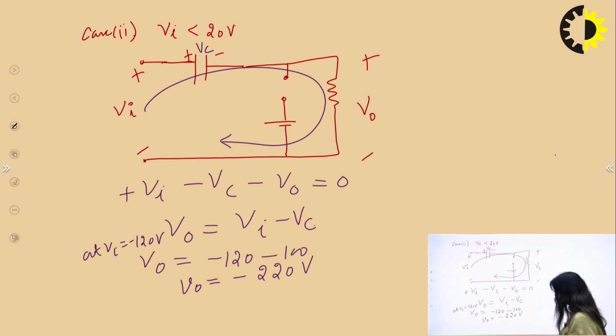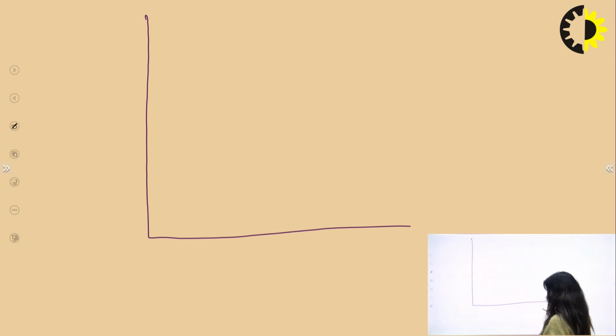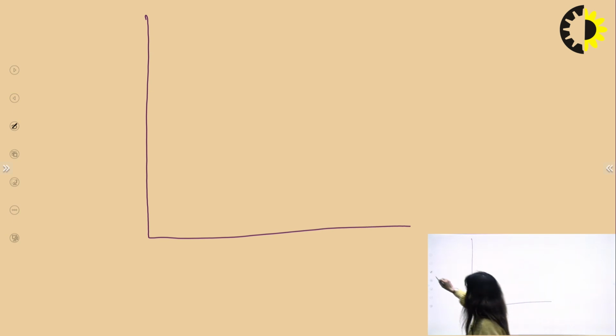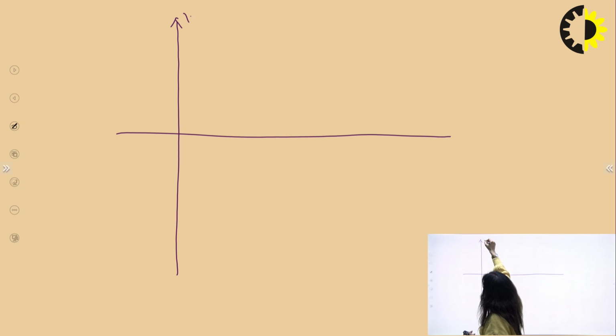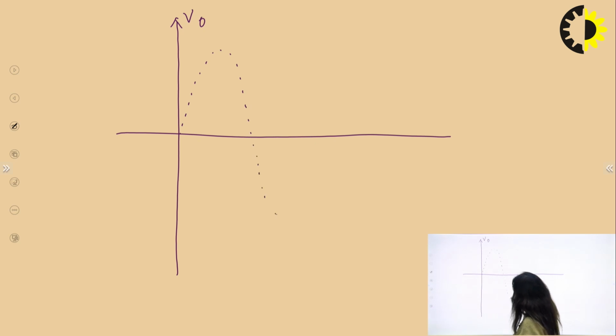This is also one of the important questions. For now we will make the graph for Vo.